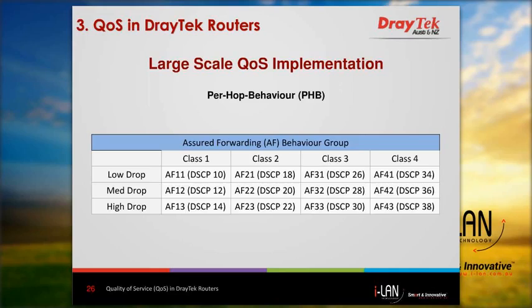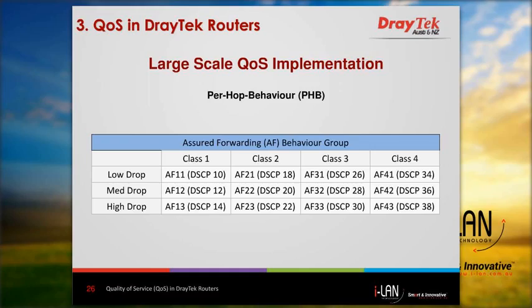So here we've got the definition of per hop behavior. It includes expedited forwarding, which is EF, and assured forwarding, AF, and best effort, which is BE. And you'll see some of those in the DrayTek configuration options.